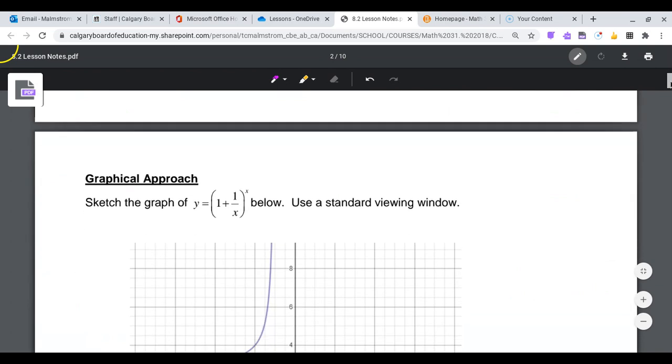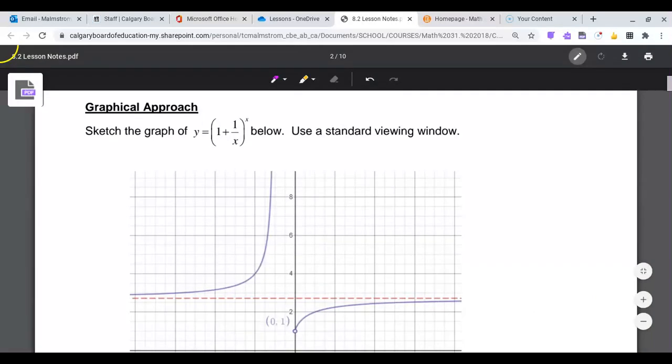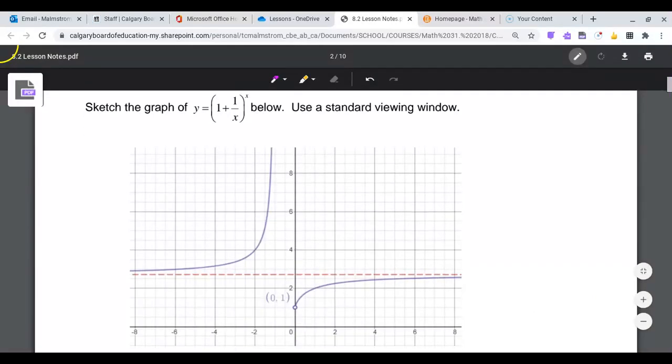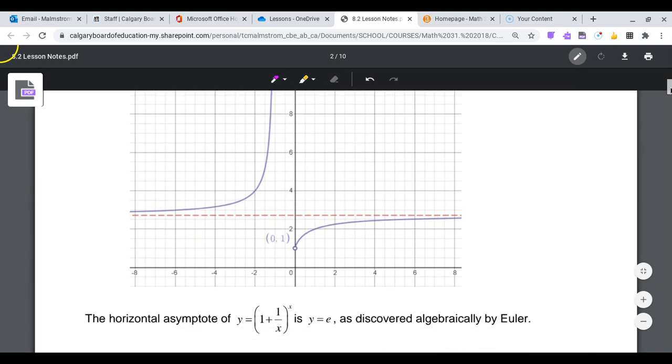Now, what happens if we took a graphical approach to this function, and I just put x's where there was n's, and we used a standard window setting, almost, where I cut and paste. You can see, obviously we have a hole here because we have this 1 on x element in our equation, so we have a non-permissible number.